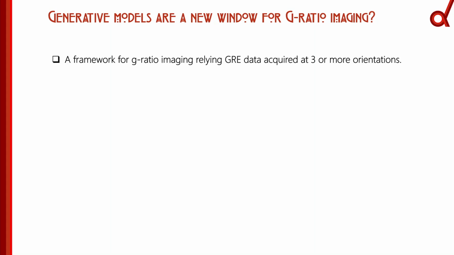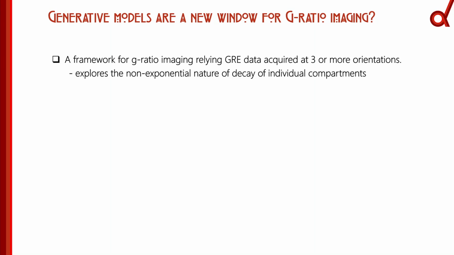So the question is, are these generative models a new window for G ratio imaging? Well, I think yes and no. At least we have a framework which only requires acquiring GRE data, which is the simplest acquisition that everybody can do, and only 3 head orientations.